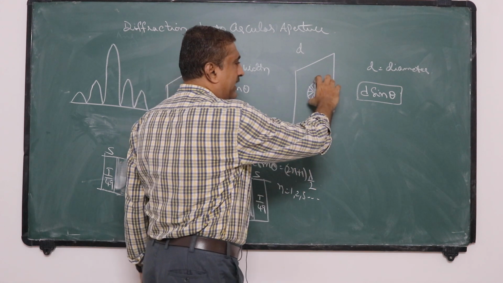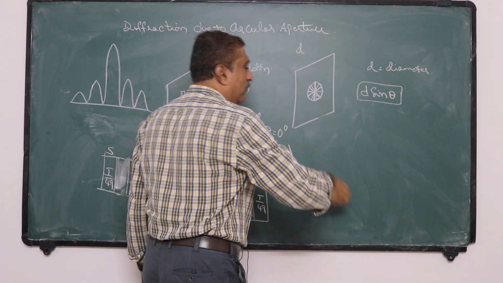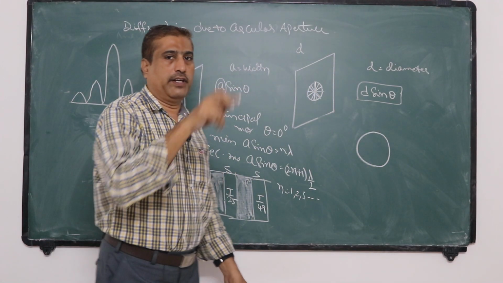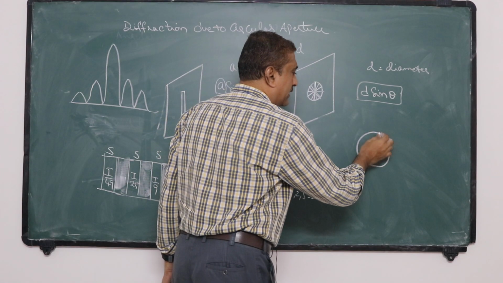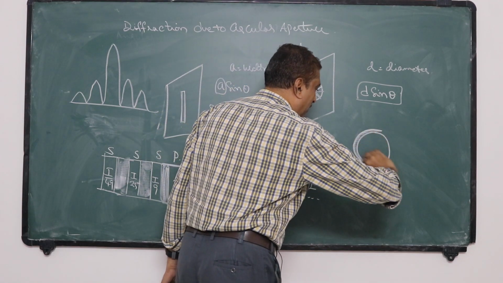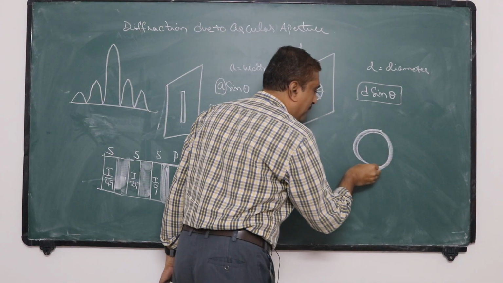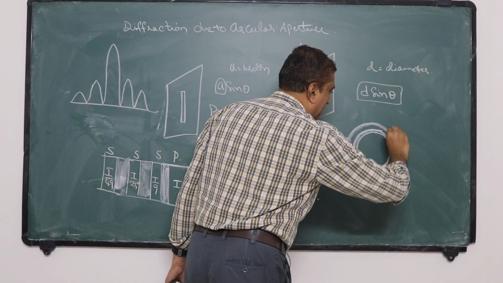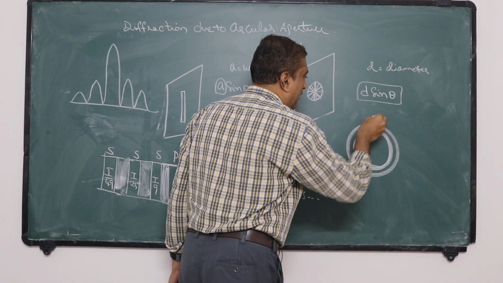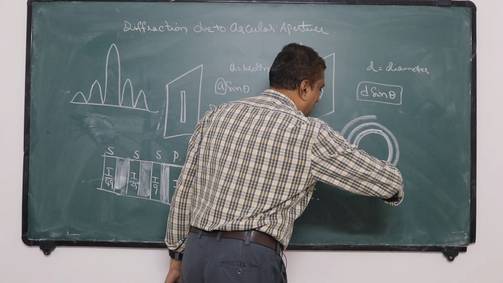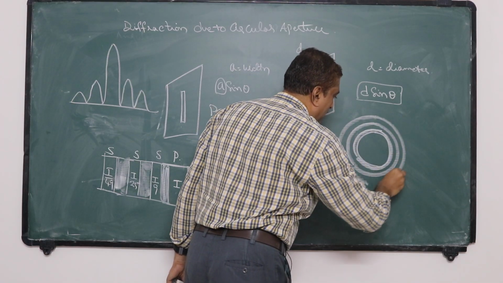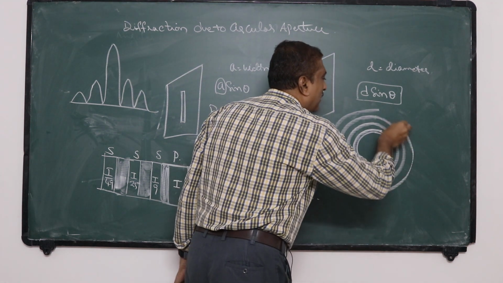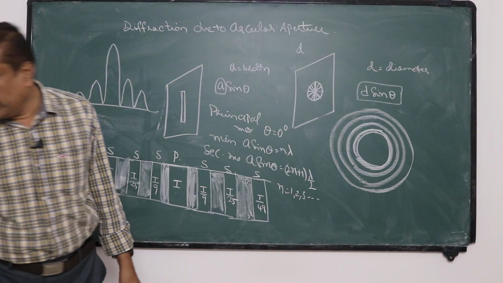That means exactly in front of this aperture opening, we get a bright circular area of uniform brightness, and it is surrounded by a dark ring like this, and again it is surrounded by a secondary maximum, like this.